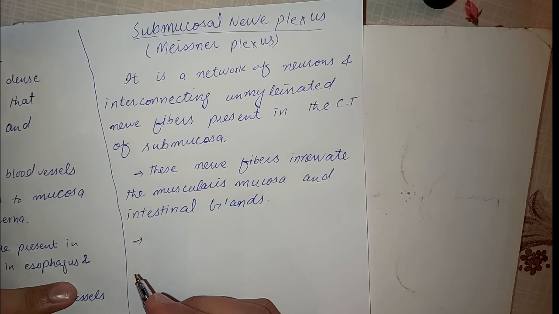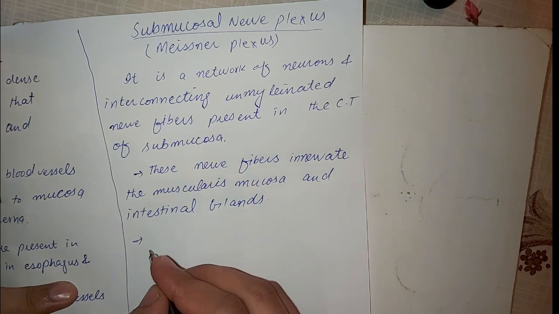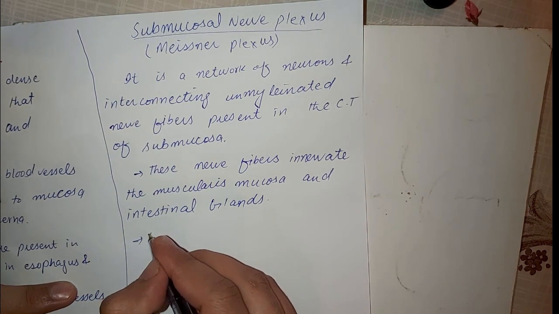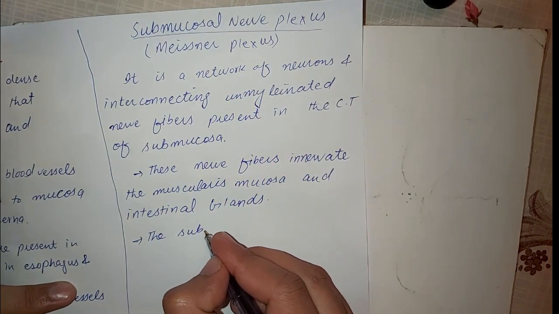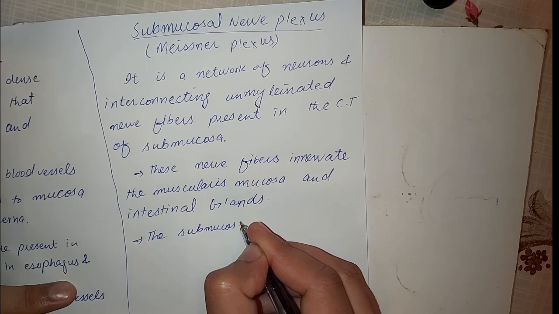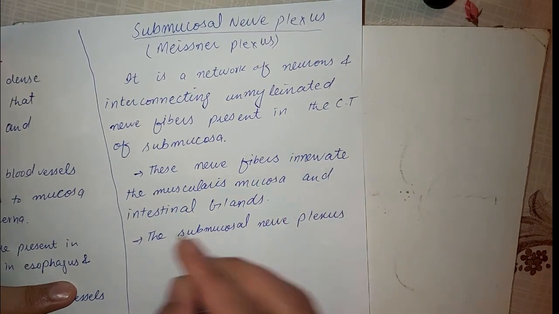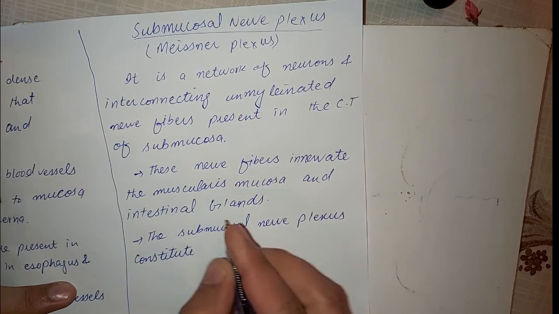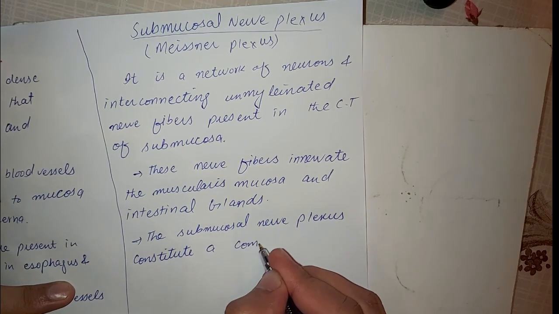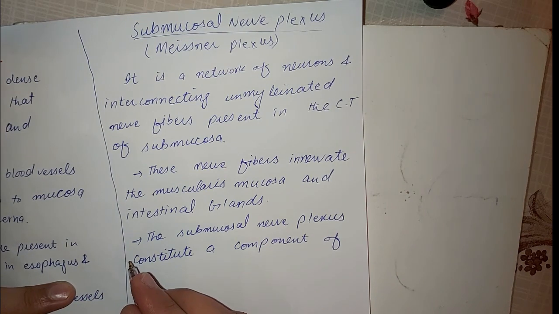And next, the submucosal nerve plexus constitutes a component of the enteric nervous system.